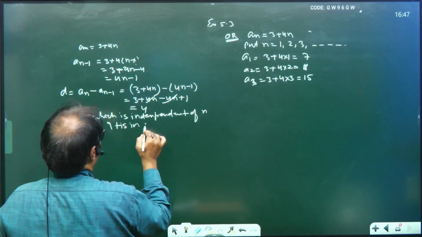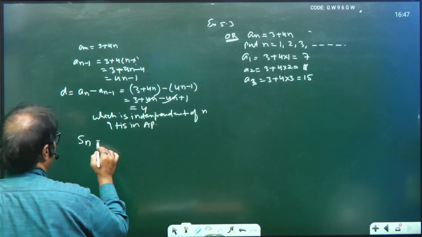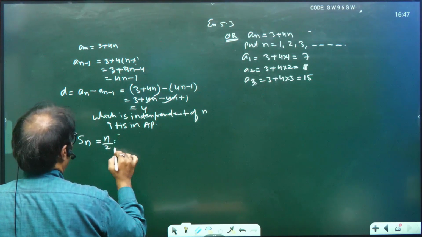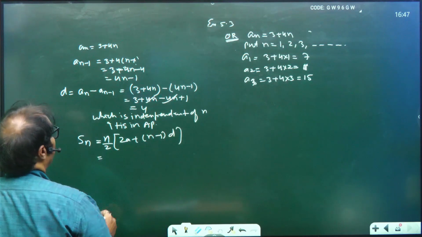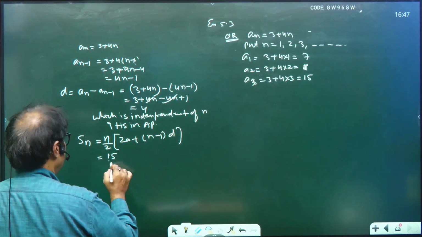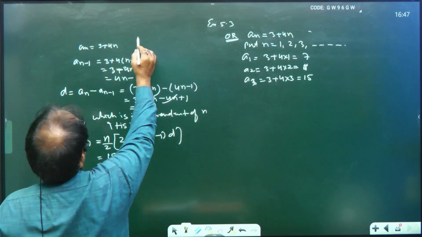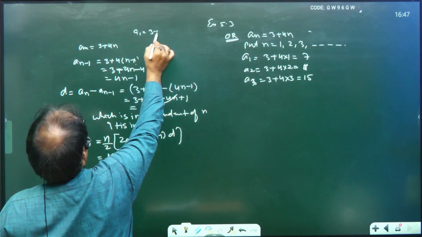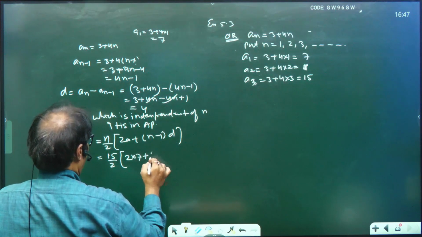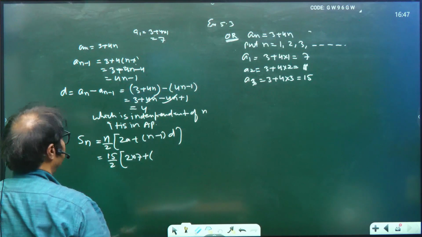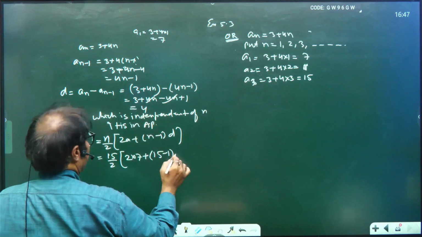It is in AP, right? And if it is in AP, then find the sum of 15 terms by applying the formula n by 2 into 2a plus n minus 1 into d. So for 15 terms, 15 by 2 into 2a. What will be the a? A1 will be equal to 3 plus 4 into 1, that is 7. So 2a is 2 into 7, and n minus 1 is 15 minus 1, and d is 4.